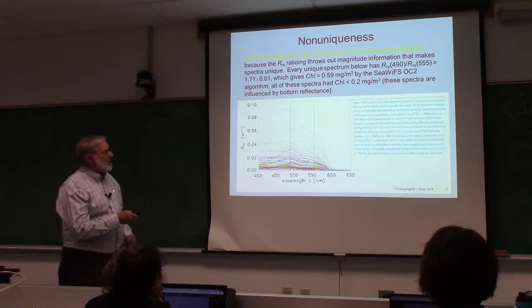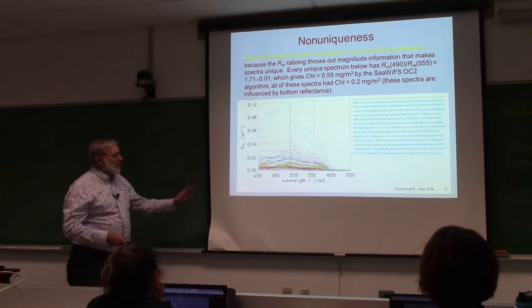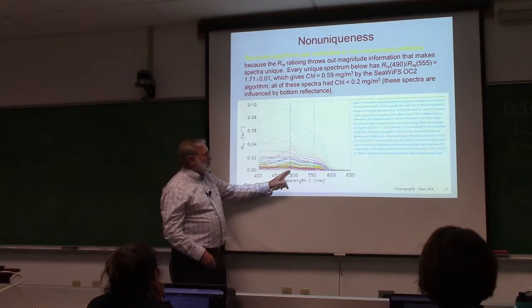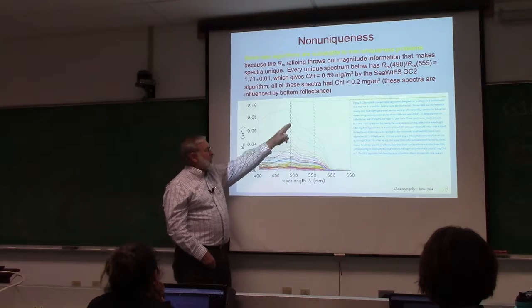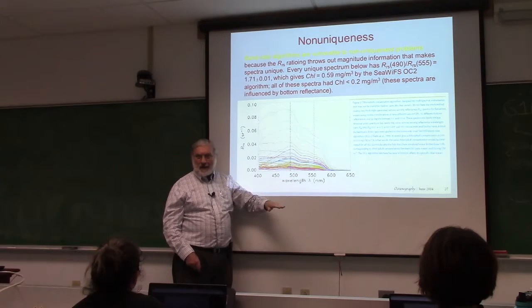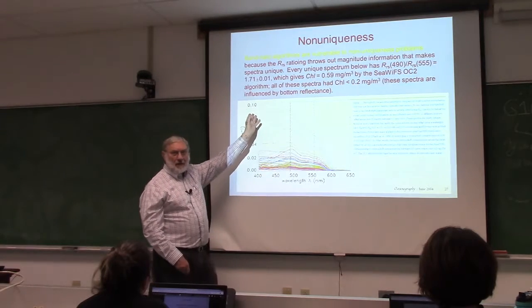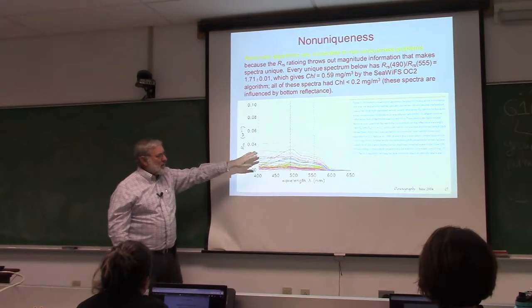In actuality, this water body had chlorophyll of less than 0.2, but I cheated a little bit here. This is actually shallow water, so these different spectra are showing different bottom depths and bottom types, even though the water column's the same. So you can't really apply a deep water algorithm to these.